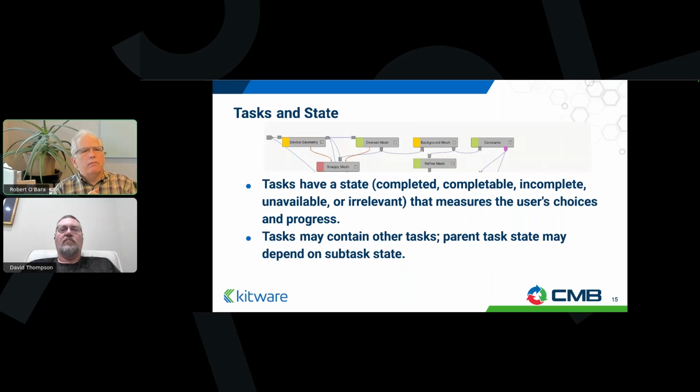Task state, David did a good job in terms of describing this. I'm just going to reiterate, there are typically 5 states to a task. The completed, I'm done, user has marked it as finished. Completable is the case where the designer has said, I can tell you what the minimum requirements are, but it might be up to the user to determine whether or not they are done.